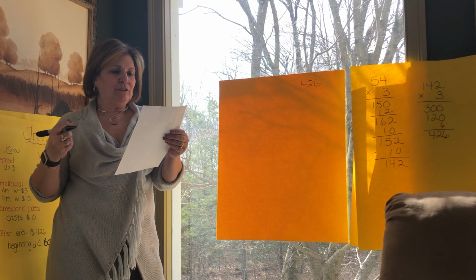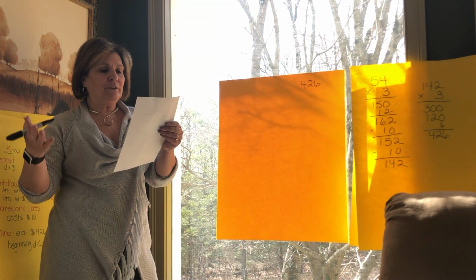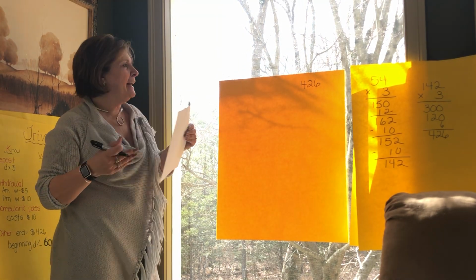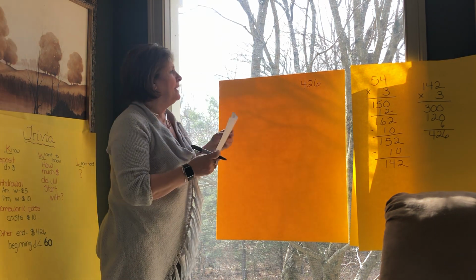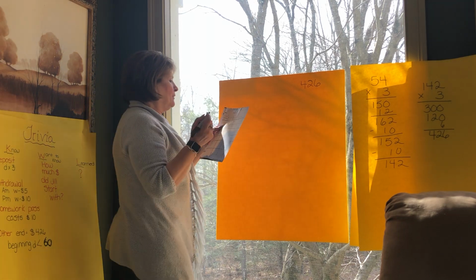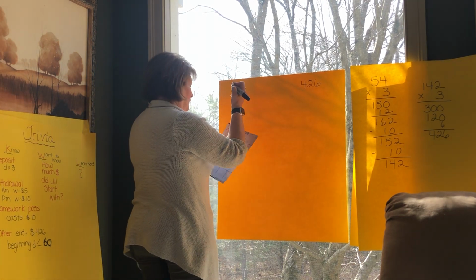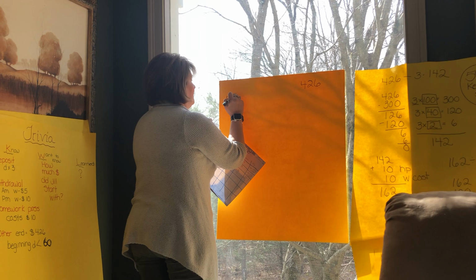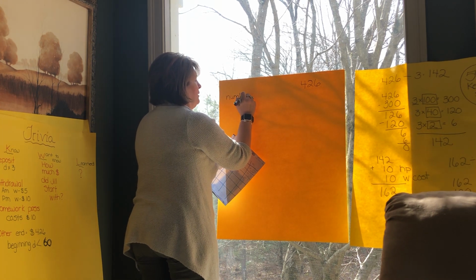And she knew that each time she was going to have to multiply some number times 3 in order to get this final amount. So that's what she started with first. She picked a number because, again, it's guess and check.